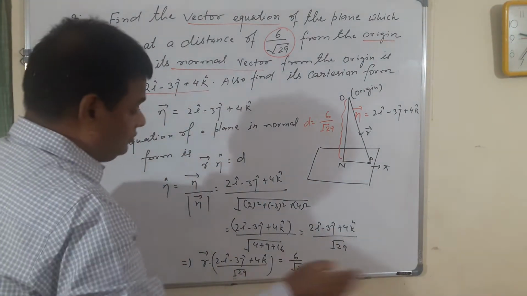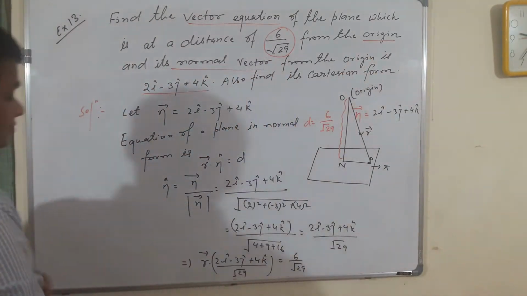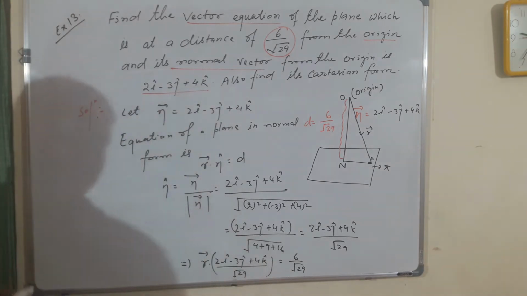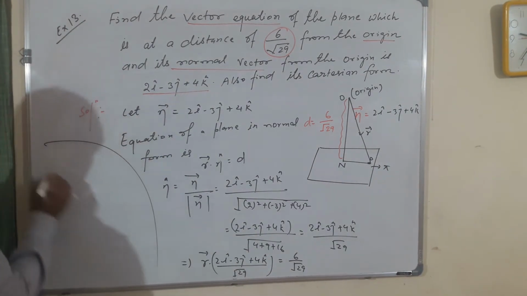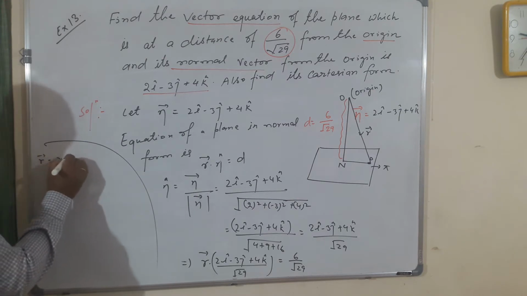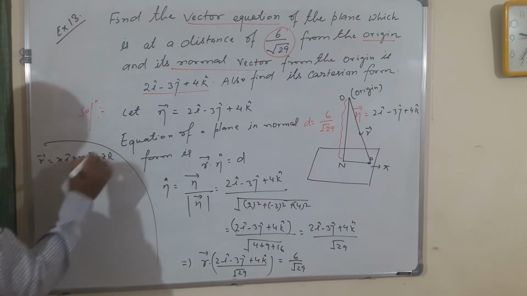Now if you want to convert this into Cartesian form, you have to write vector r equal to xi plus yj plus zk.